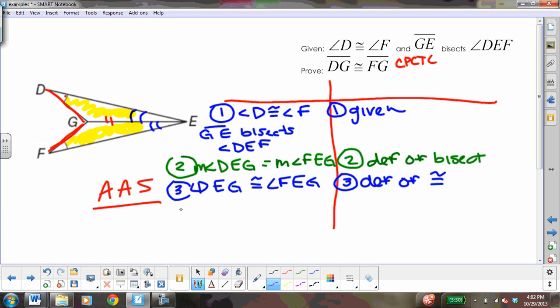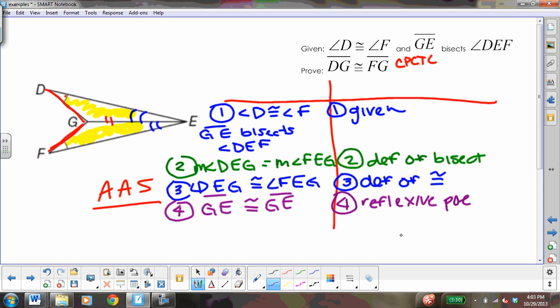So now I just need to say the side portion of my angle side. So GE has to be congruent to GE because of the reflexive property. And now I can say the triangles are congruent.